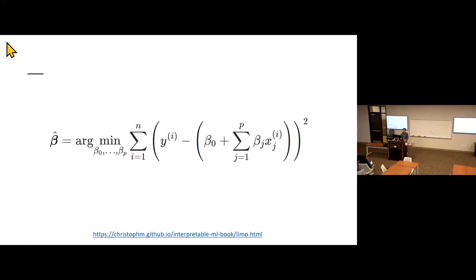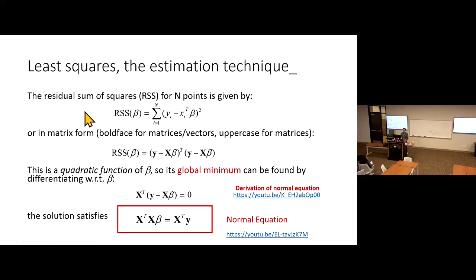So what's this? This is the residual sum of squares. For any given beta, you try different combinations of beta, and every time you have a different total squared difference. So we want to minimize this RSS, the residual sum of squares, by choosing beta.